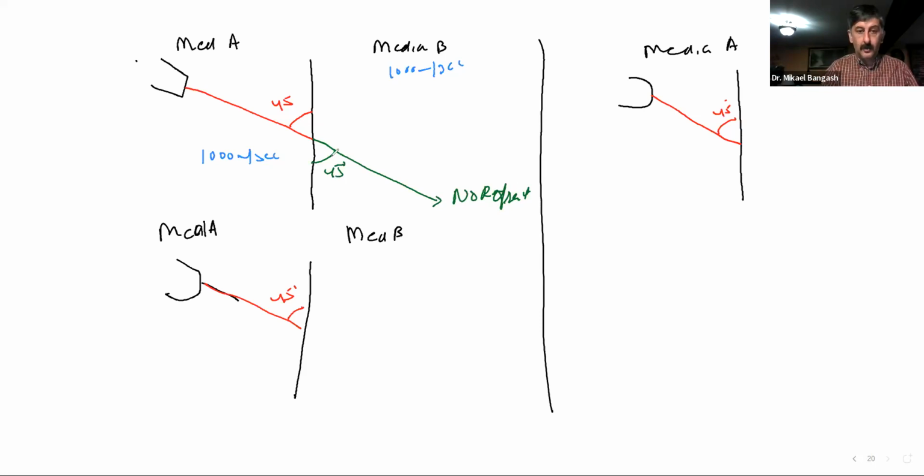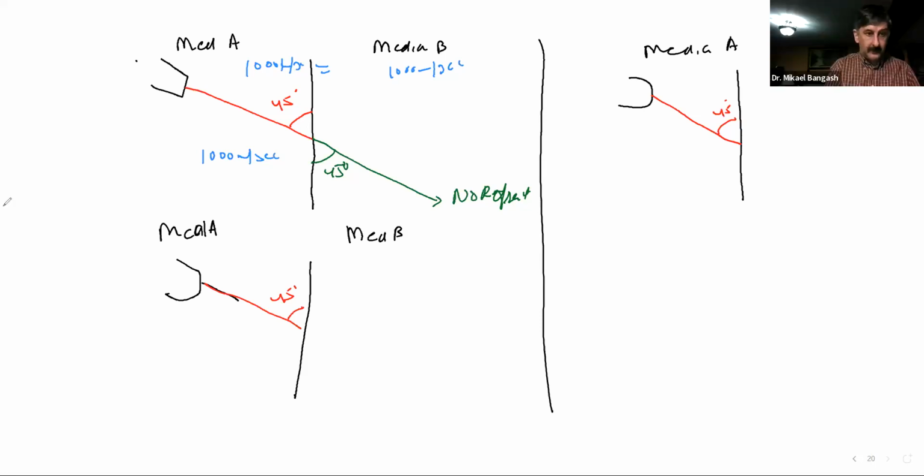This angle here is also going to be 45 degrees. Clear? Although we had an oblique incidence, the reason that we don't have a refraction was that the speeds were the same. Did you guys get that? Yes.